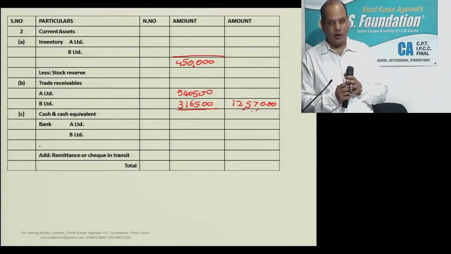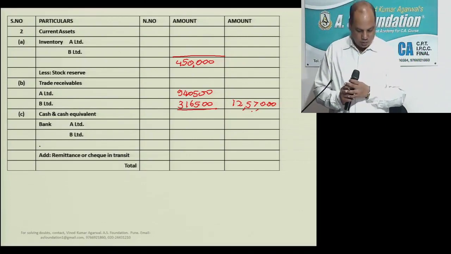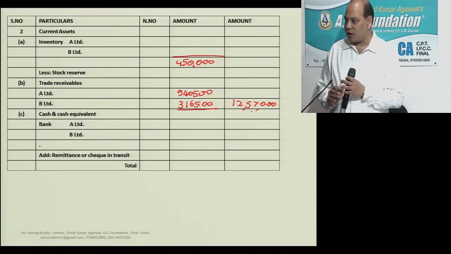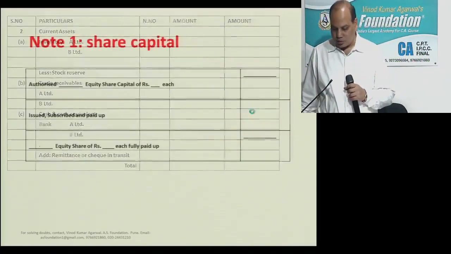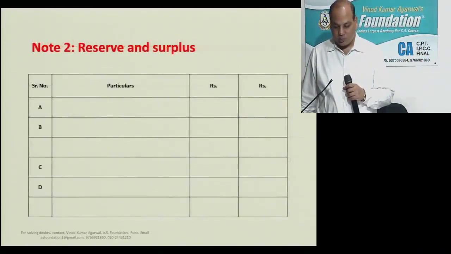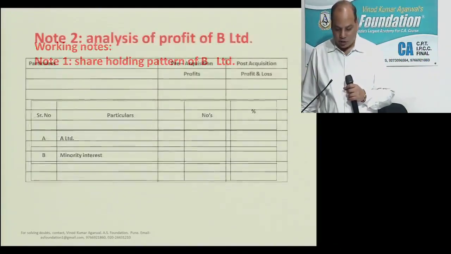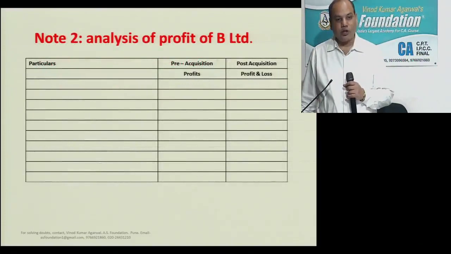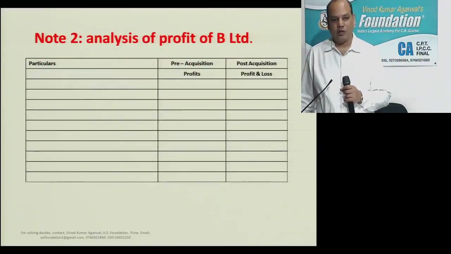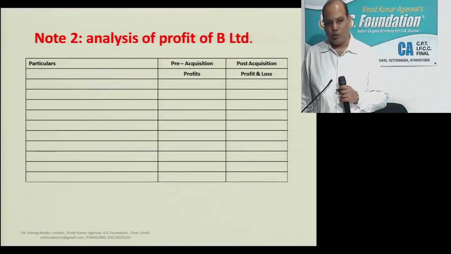So what is the entry for that? P&L account debit to trade investment written off. Whose P&L account? Subsidiary. Where is subsidiary's P&L account? In working note 2. Working note 2 is subsidiary's P&L account and reserve, and working note 5 is holding company P&L account.